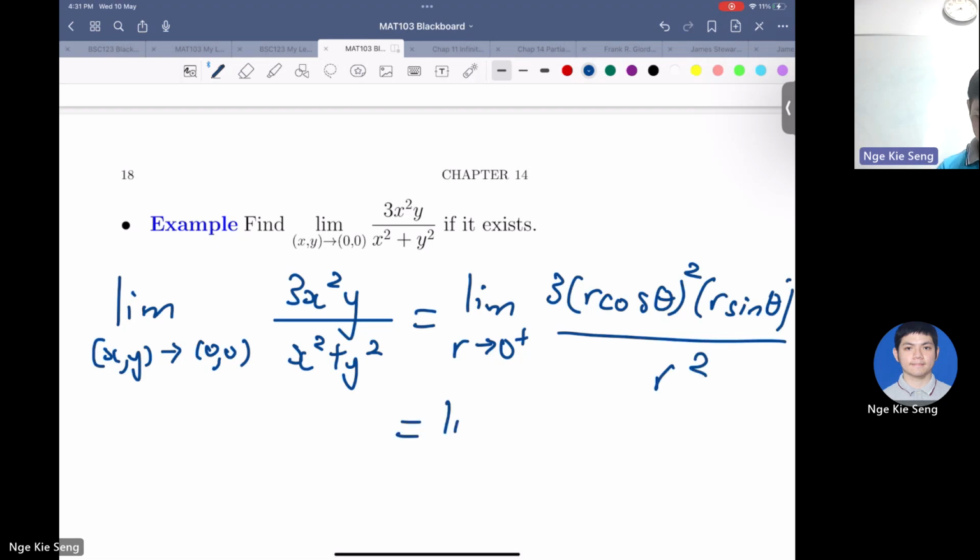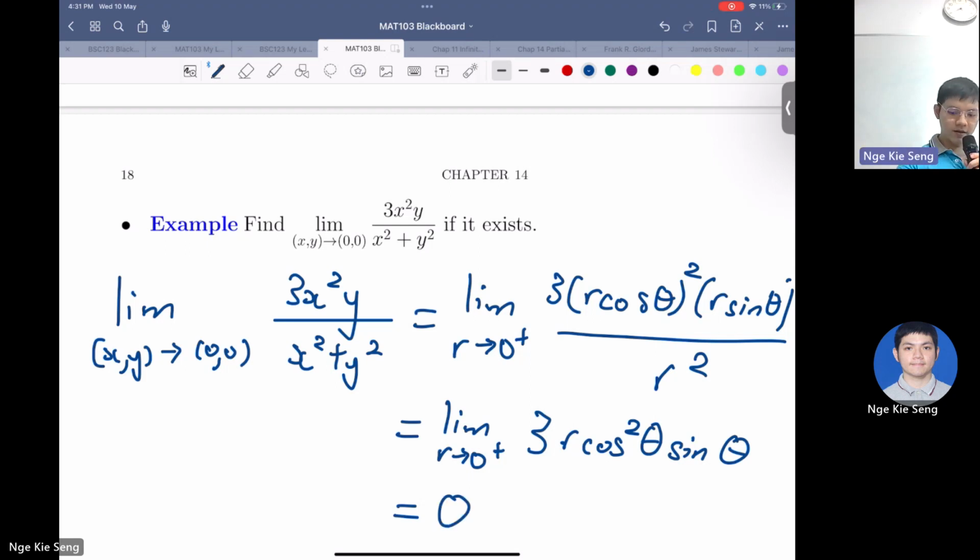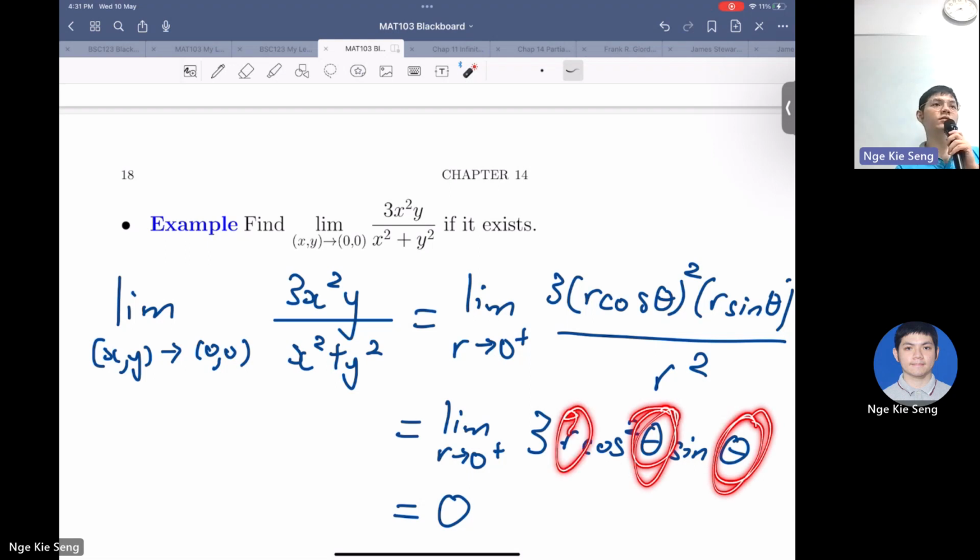After cancellation, what do you get? 3 times r cos squared theta sine theta, which is just 0. So whatever direction you take, it is going to be 0 when you take the limit.